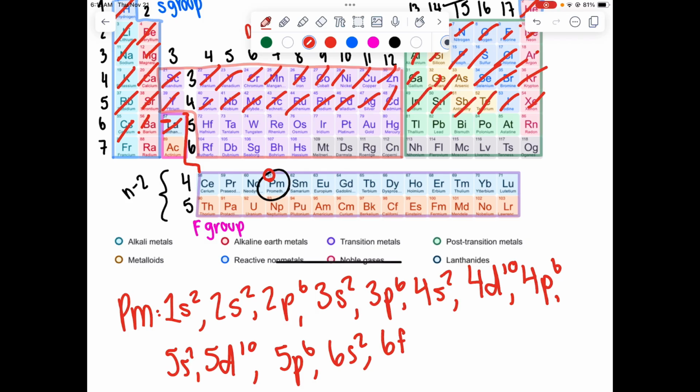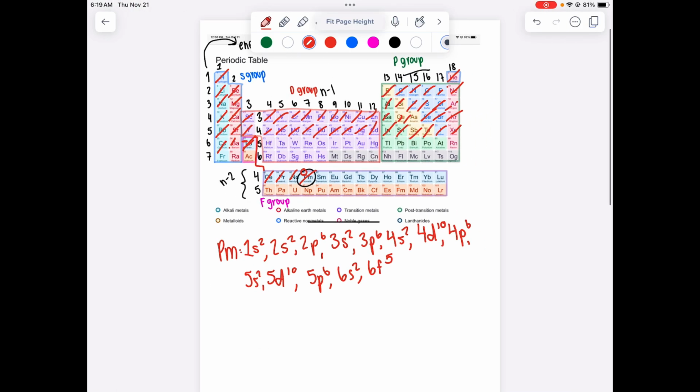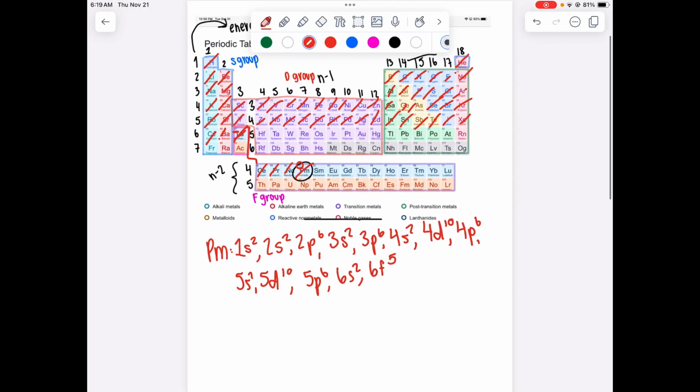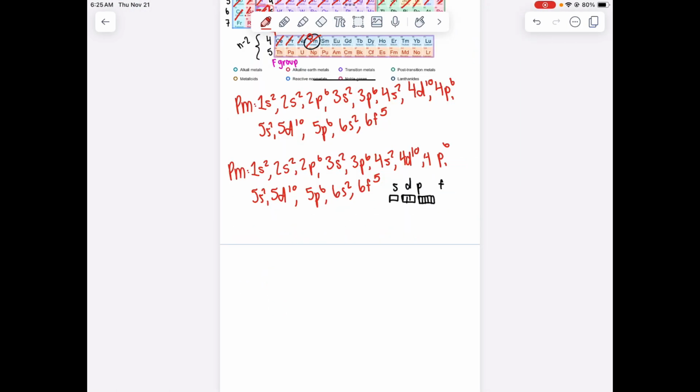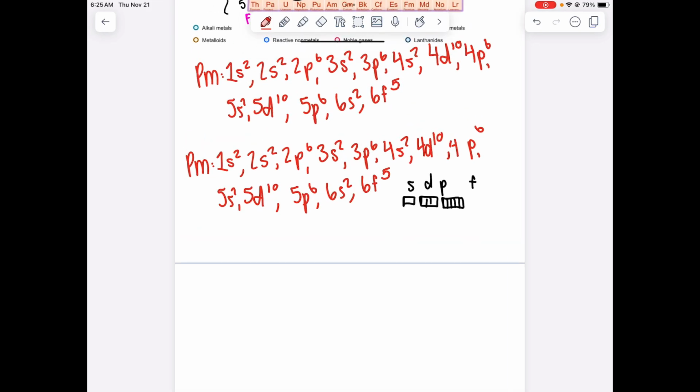So, like I said, we're gonna cross out 1, 2, 3, 4, 5. So 6F5. And now we're gonna do all those boxes and circles we did on the first one. Okay, so let's go back to where we were. We're classifying it.